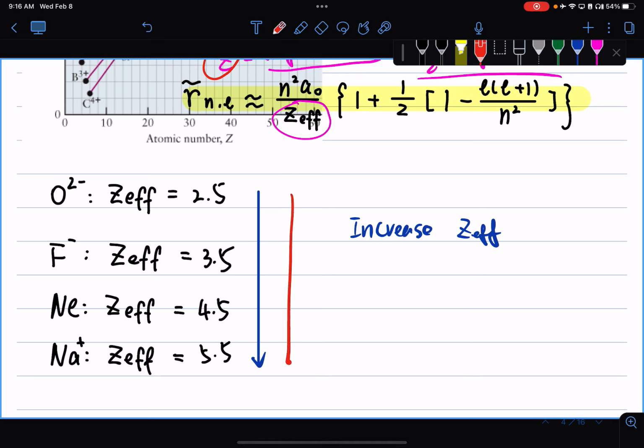And that explains why we have a decrease in atomic size, right? Everything is given in the equation. You just need to think it through and try to figure out what is the origin of these periodic trends. All right, so that's everything about the periodic trend of atomic size. See if we have any questions before we move on.